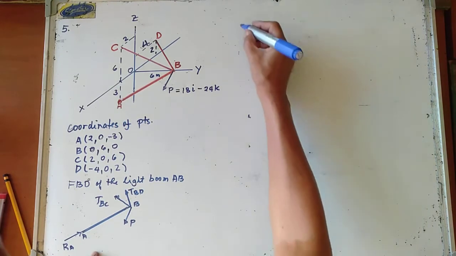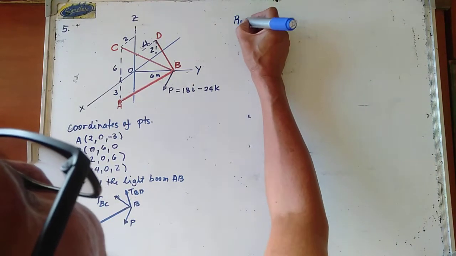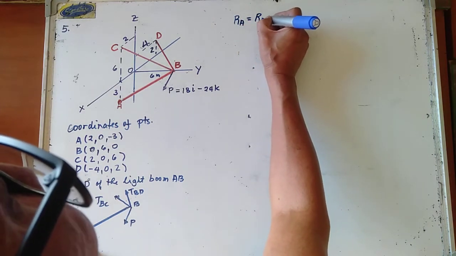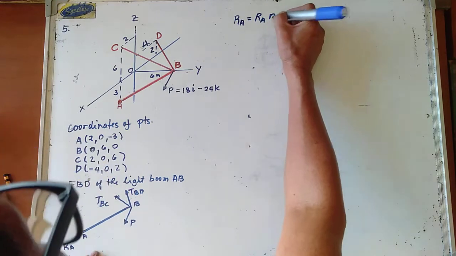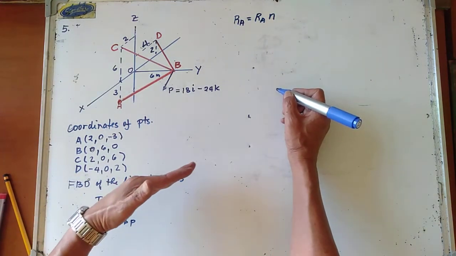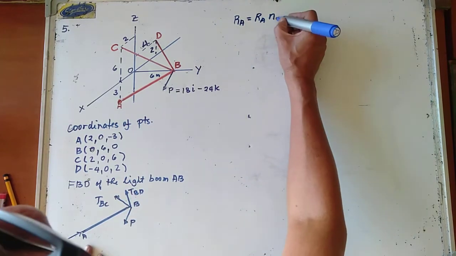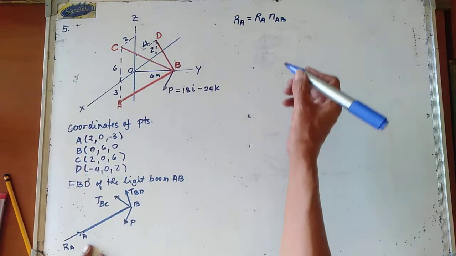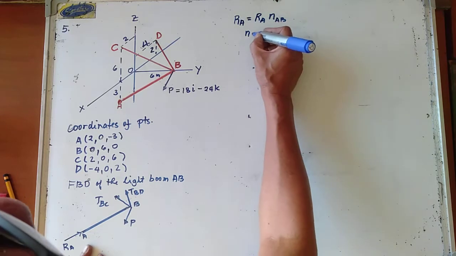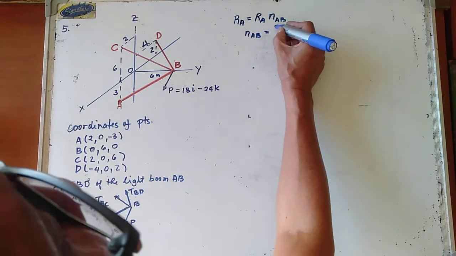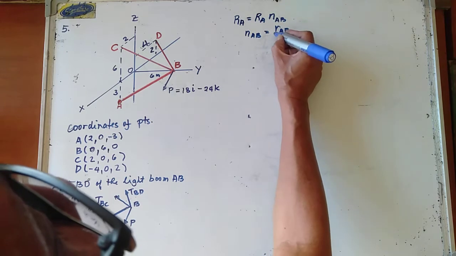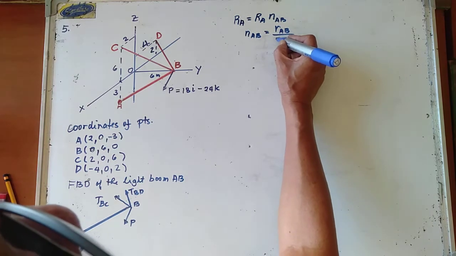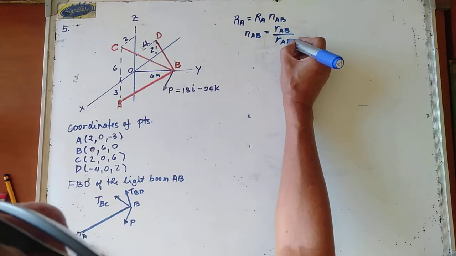Okay, for RA. Your RA is the magnitude of that force multiplied by a unit vector in the direction AB. The unit vector AB is the position vector AB divided by its magnitude.